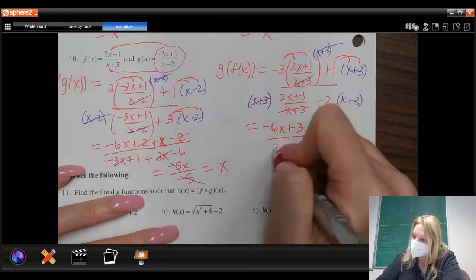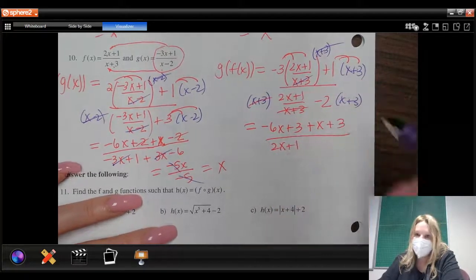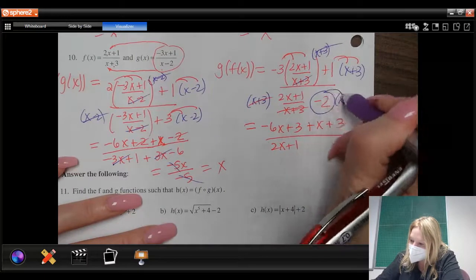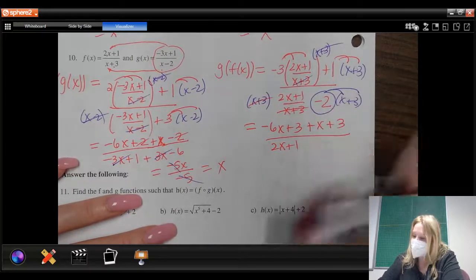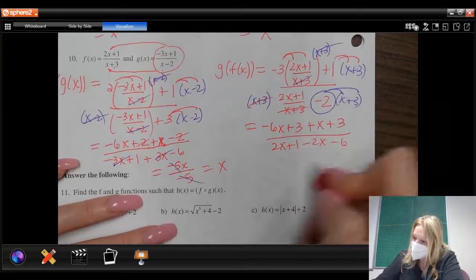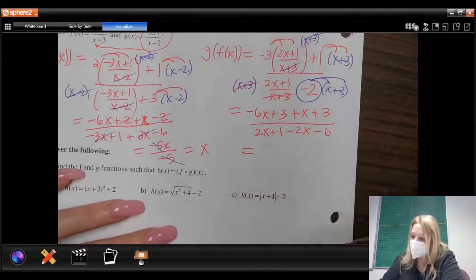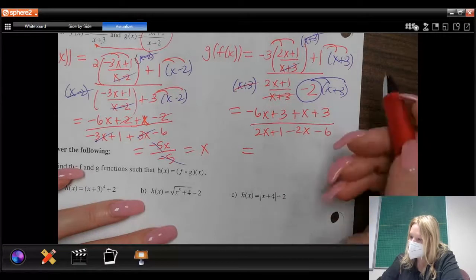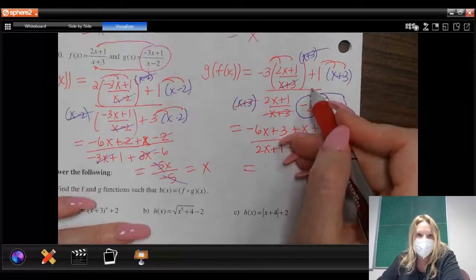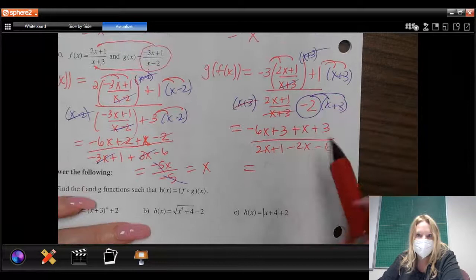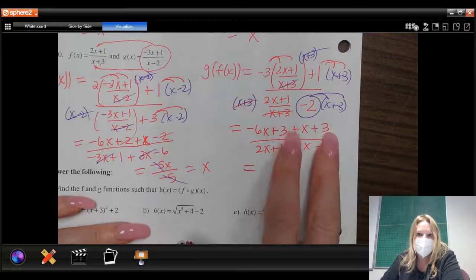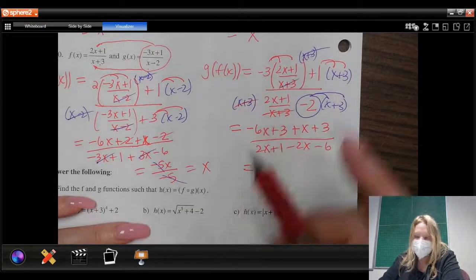Those cancel. Here we've got to be careful and distribute the negative 2. The nice part about that is if you probably missed that, you'd realize you did something wrong. Like, what did I just do here? Oh, negative 3.